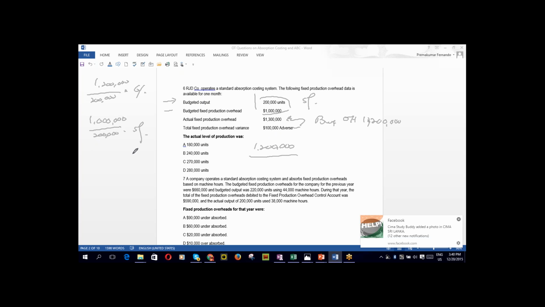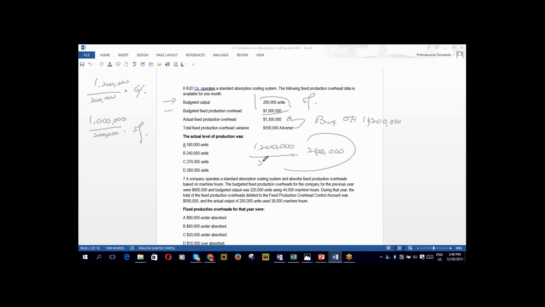Actual fixed production overhead was 1,300,000. What is budgeted for this figure is 1,200,000, because we have spent 100,000 extra. What is the overhead absorption rate? 5. So 1,200,000 divided by 5 will give us our actual production.